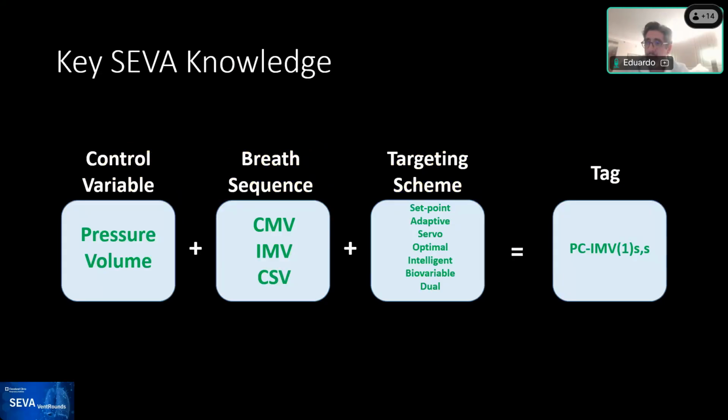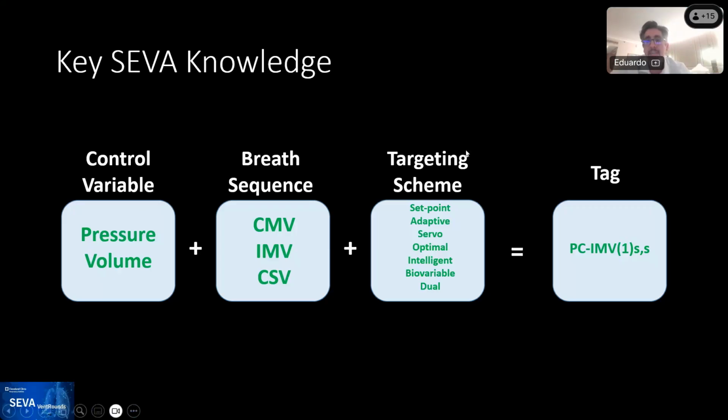And this is the life work of Rob Chatburn here, creating and developing this, and then working along with the SEVA program to expand this and implement it clinically at the bedside. And the marvel of this is that it's simplified: every mode of mechanical ventilation has a control variable, a breath sequence, and a targeting scheme. Those are the three parts, the three building blocks.